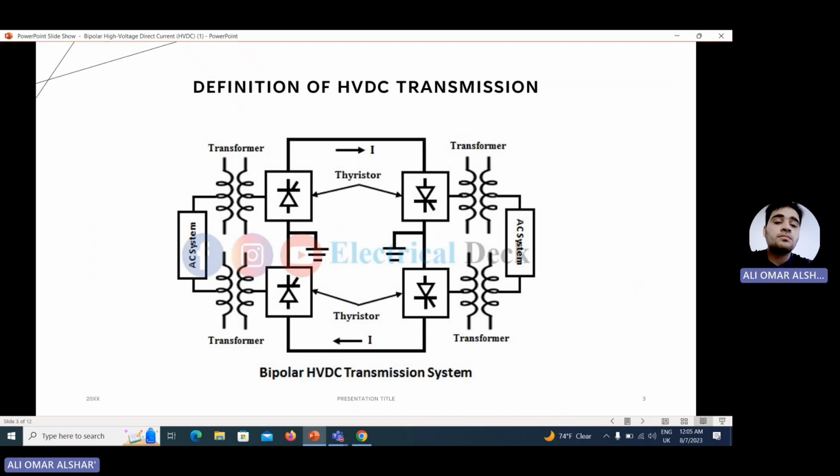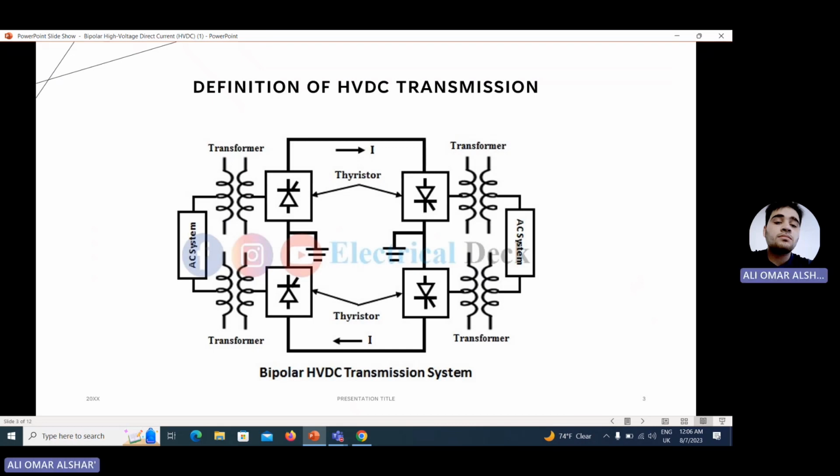Another point is the voltage that we are using in both of them. In DC, we are talking about megavolts, kilovolts, and something in between. But for AC, we have something like 100 volts or kilovolts, a range in between.